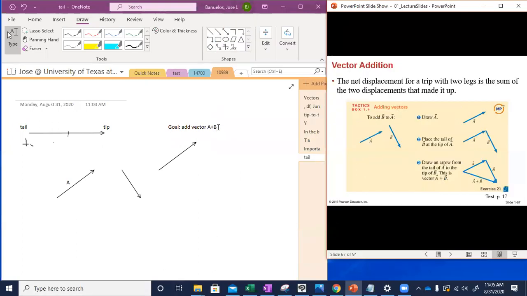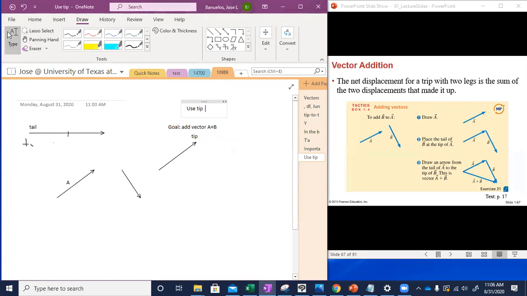The idea when you do vector addition is you take vector A, and remembering the parts of these things, we have the tail, that's the tail right there, and then the tip, which is at the top here. We're going to use what we call the tip-to-tail method.